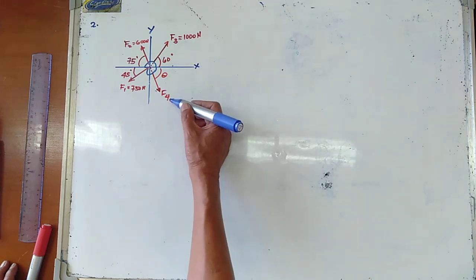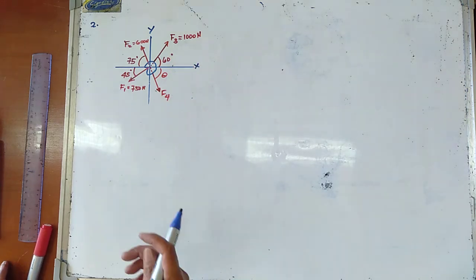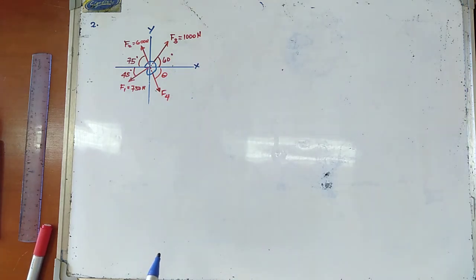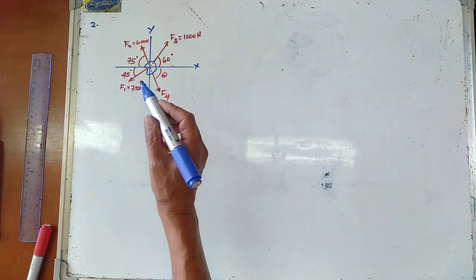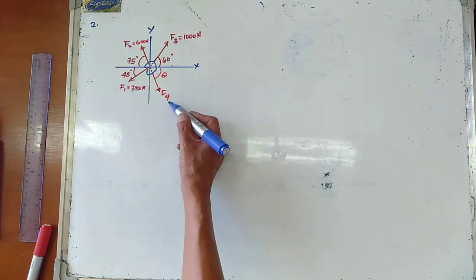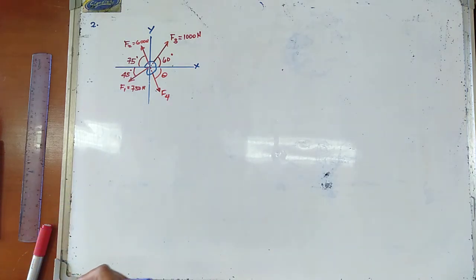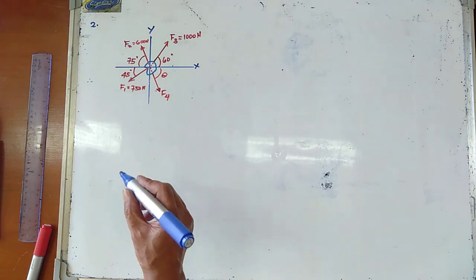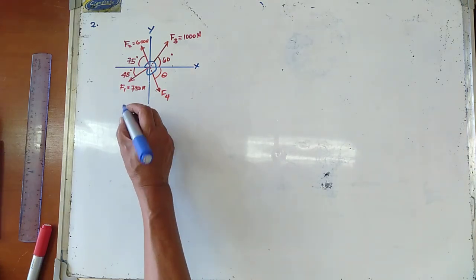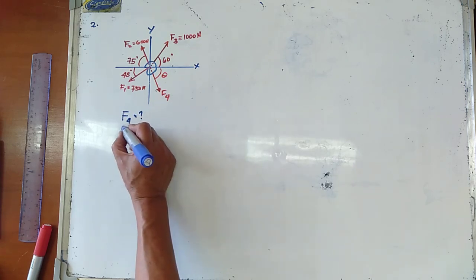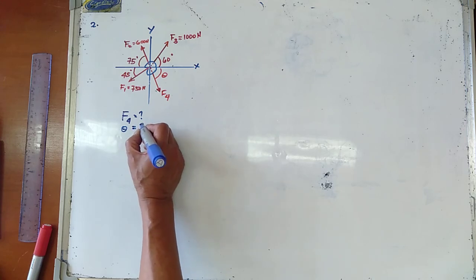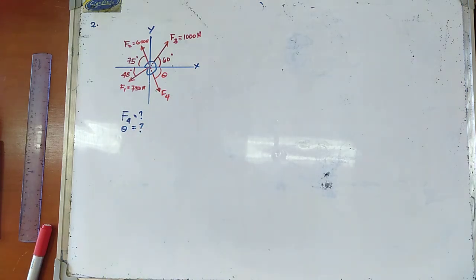And F4 making an angle of theta with the x-axis. Determine the magnitude and direction angle of force F4 for equilibrium of the particle. So again, you are required to determine F4, which is unknown, and the angle it makes with the x-axis is also unknown.